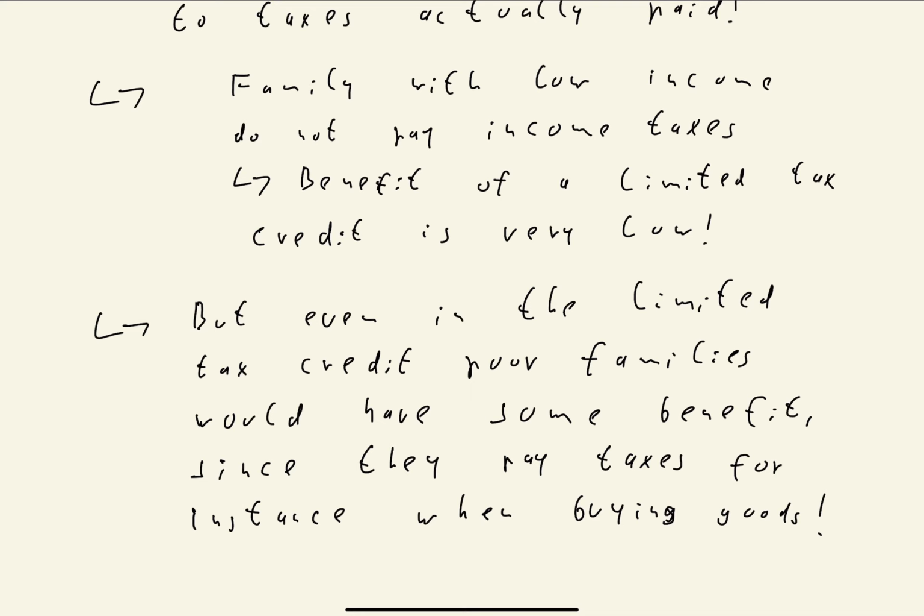And if you compare this with people with high income, they benefit in addition to what they're buying, due to the high income tax that they pay. So basically, the limiting case would be less progressive because it would benefit people with high income much more than individuals with low income.